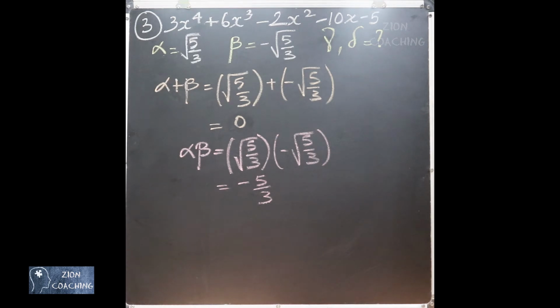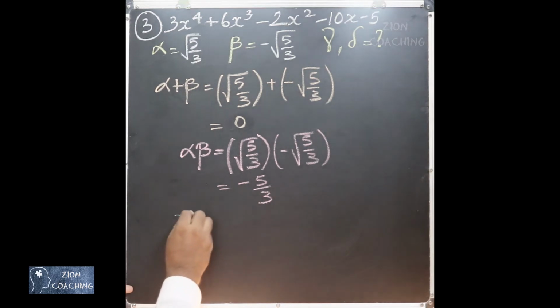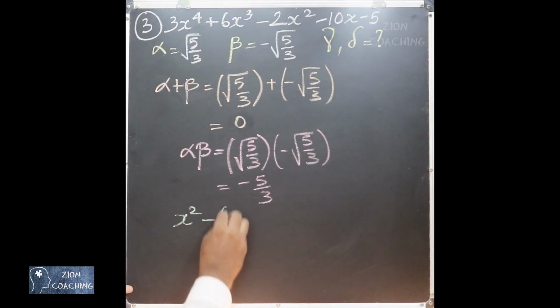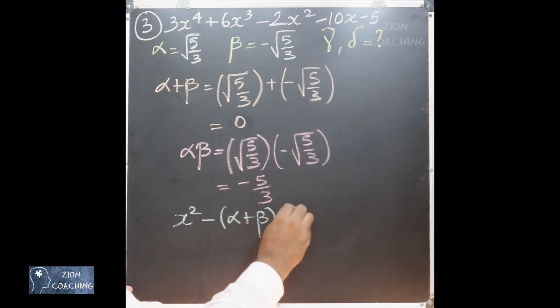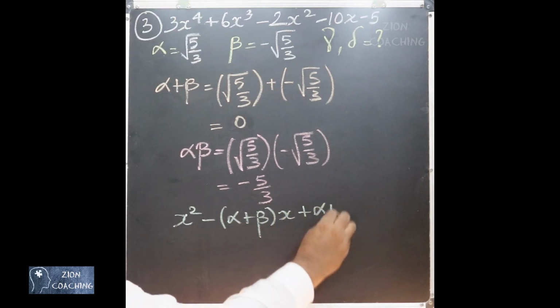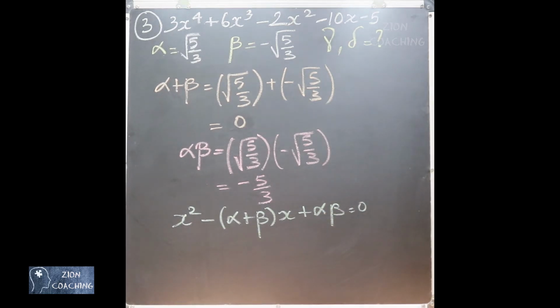We are going to write the quadratic equation now. You know that the formula we use to write the quadratic polynomial is x² − (alpha plus beta)x + alpha beta = 0. Now substitute the values there.